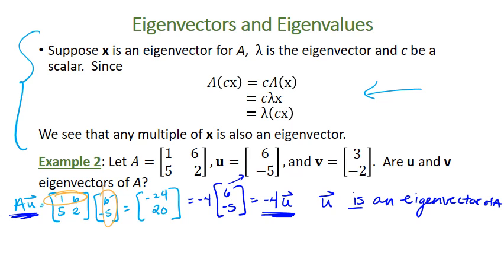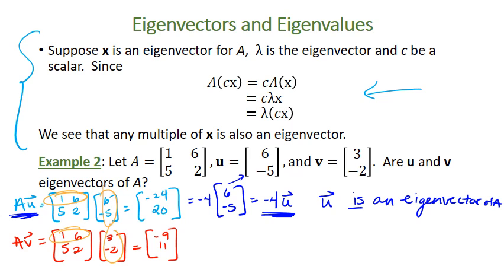Let's check the other one. So now let's find AV. So I'm going to take matrix A and multiply it by vector V. And when I do, I get the vector negative 9, 11. Well, I want to see if this compares in any way to vector V. And it doesn't.